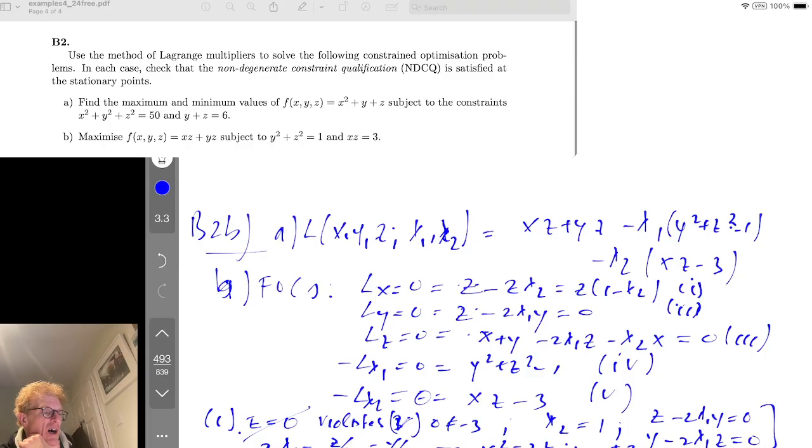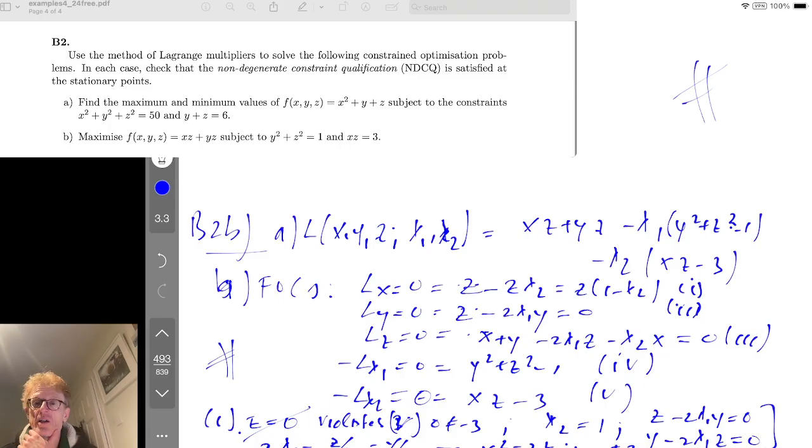Once you have lambda 1, you can use 5 to express x as 3 over z, and then substitute that into 3 to further develop it. But I'll leave that to you, and you can look up the final solution or see if your final solution works out. At least you can now get going. All right, that was it for this Sunday. Good luck.